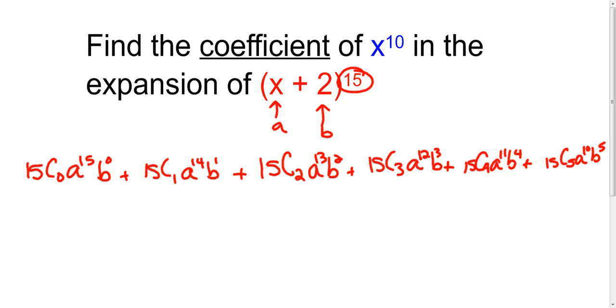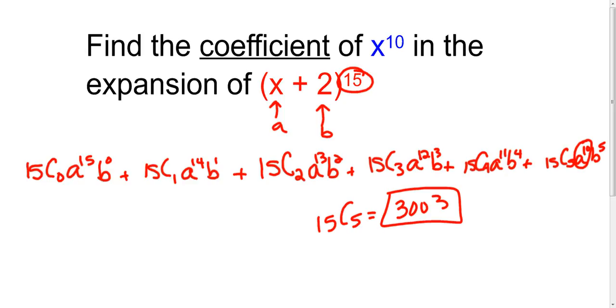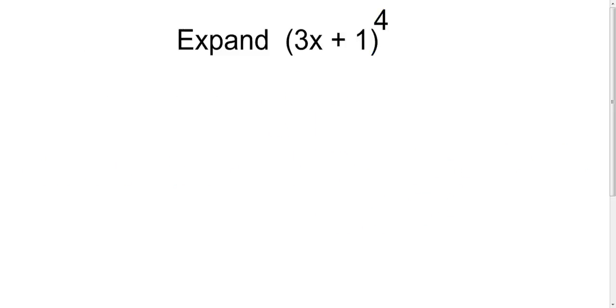All it's asking me for is the coefficient of the x to the 10th term. A is the same as x in this case, so basically this is the term I'm talking about, and 15C5 will give me my coefficient, okay? And 15C5 is 3003.